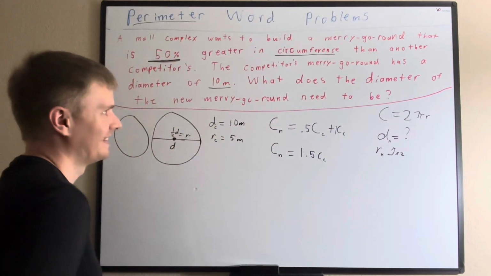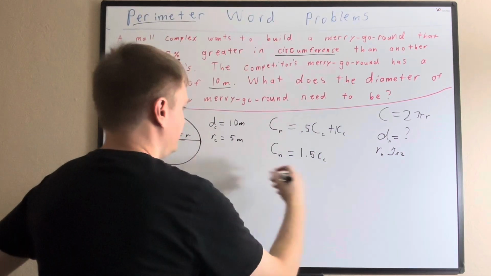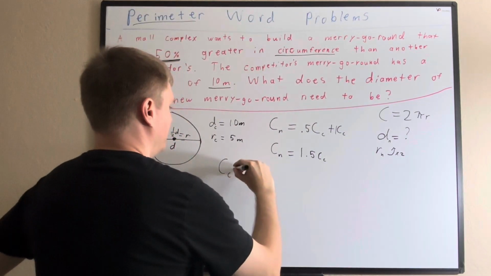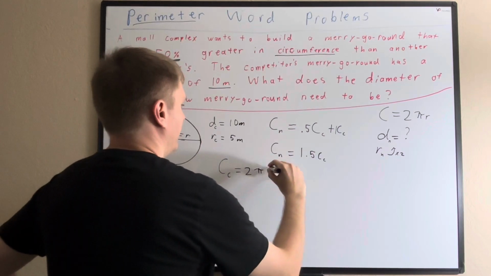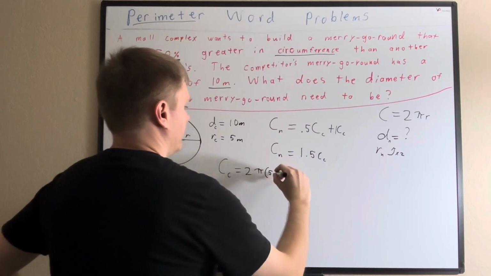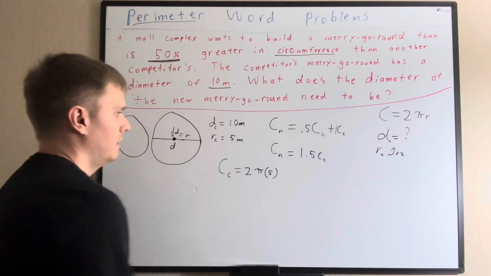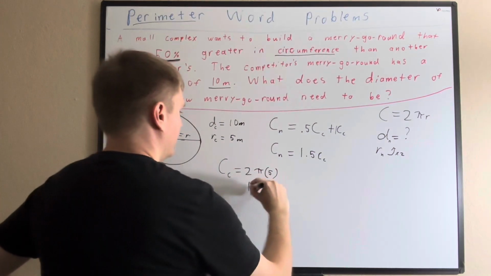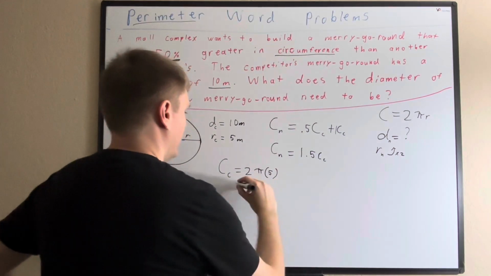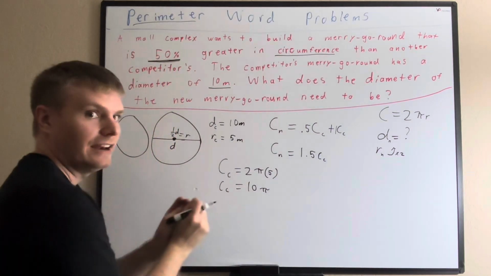So, we know that the circumference of the competitor circle is 2 pi times 5 meters. So, we can just say 10 pi. You don't even have to multiply that out and get a decimal.